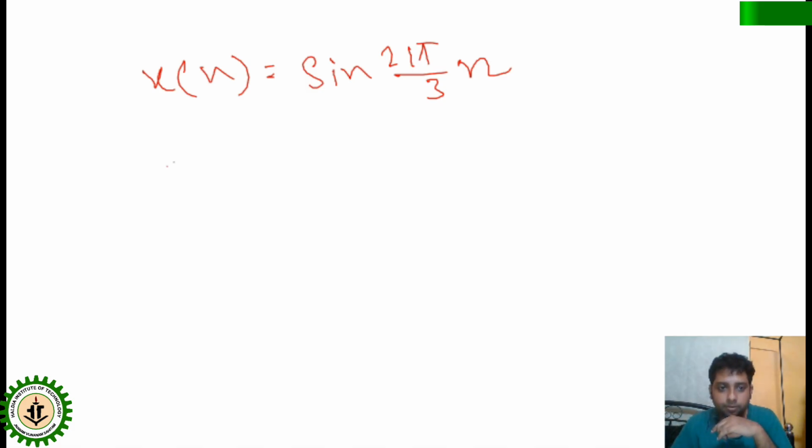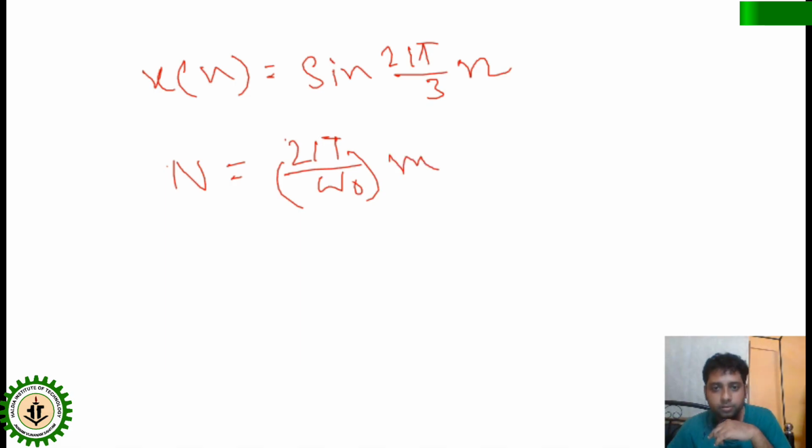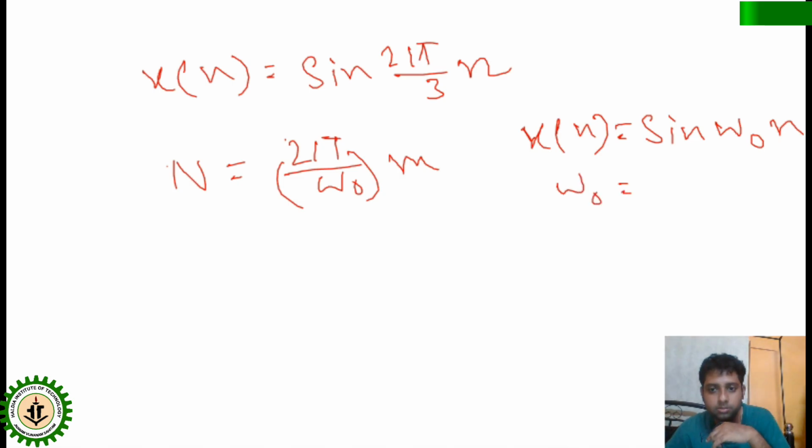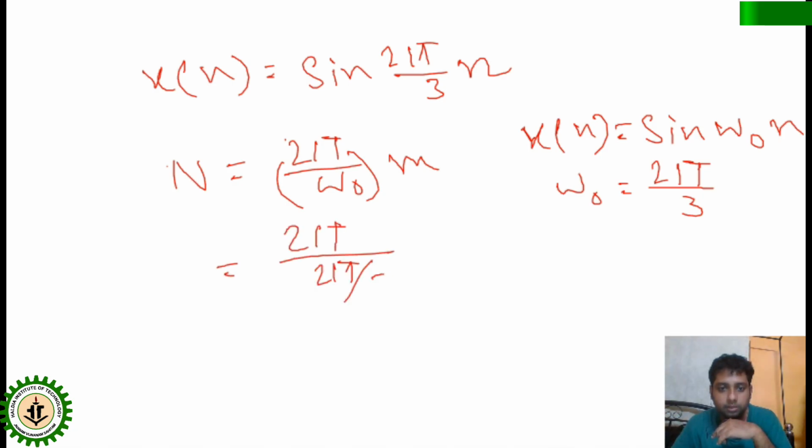For finding the fundamental period, we need to apply the formula, that is 2 pi by omega naught into m. If we compare with the standard expression, x of n is equal to sine omega naught n, then we get omega naught is equal to 2 pi by 3. Now if we replace this omega naught here, we get 2 pi divided by 2 pi by 3 into m.